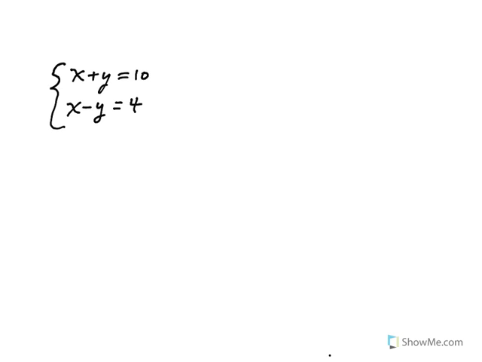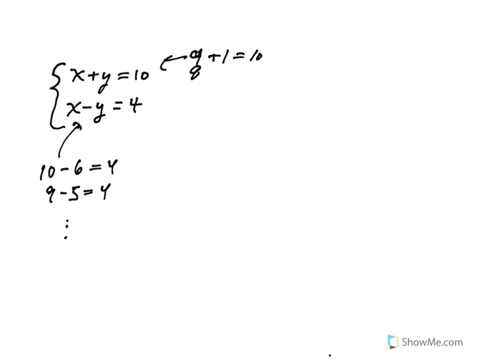Now, x minus y equals 4 has a lot of things that make it true, and x plus y equals 10 has a whole bunch of things that make it true. But there's only one pair, in this case, that makes both equations true simultaneously, and you can mess around with them.